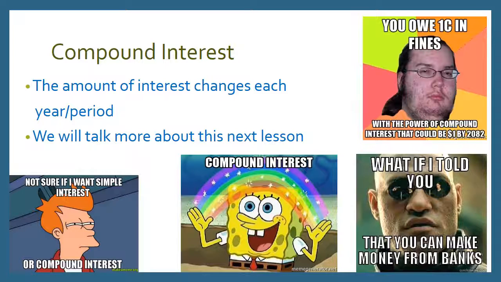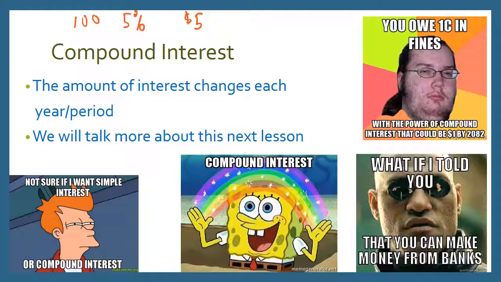Now, I don't want to talk too much about compound interest today because we'll talk more about it in the next lesson. Compound interest is where the amount of interest changes each year or period. You invest money for a year and then you get paid the interest at the end of that year. So say you've got $100 that you're investing for a year at 5% per annum. At the end of the year, you'll make $5 in interest.